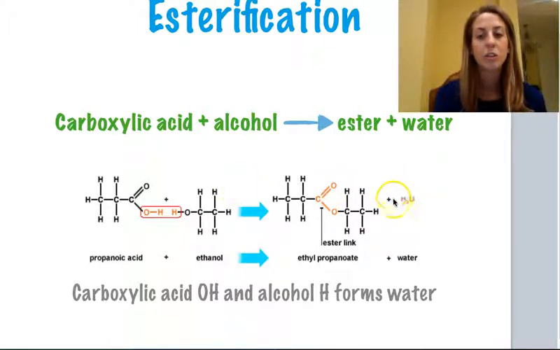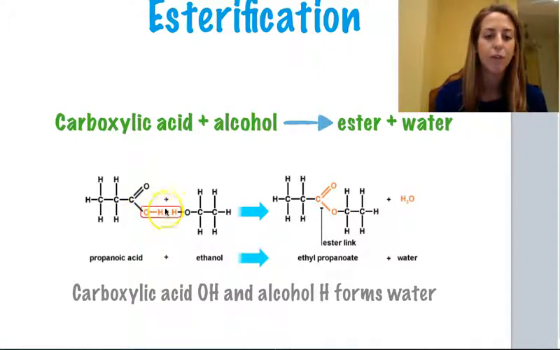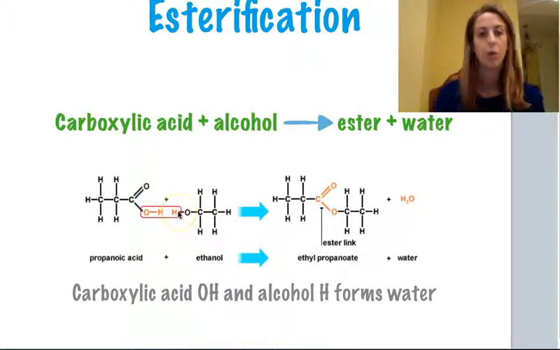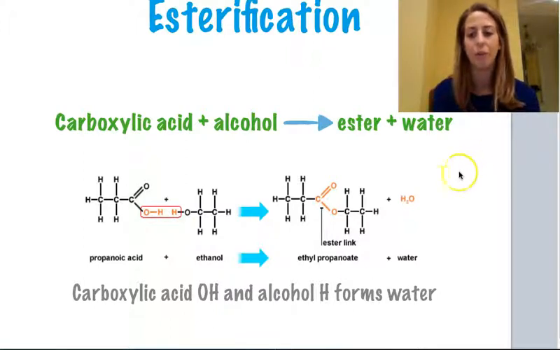Now, where do these molecules come from? We have propanoic acid, which, I guess you could say, we cleave off the hydroxyl, the OH group, and with the alcohol we get rid of the hydrogen, we mush them together and we form our water.